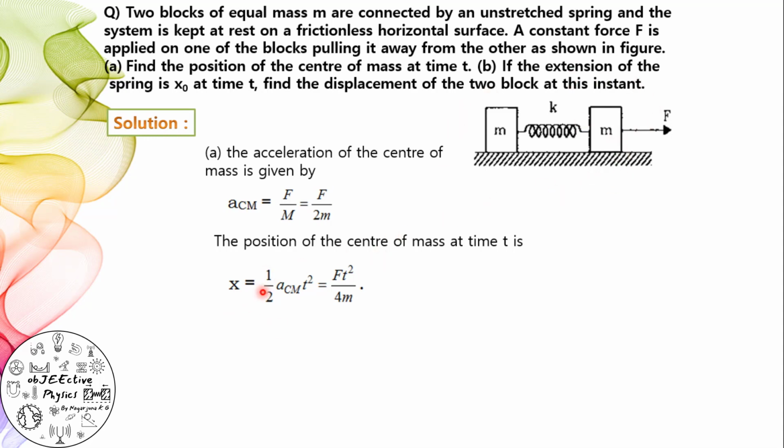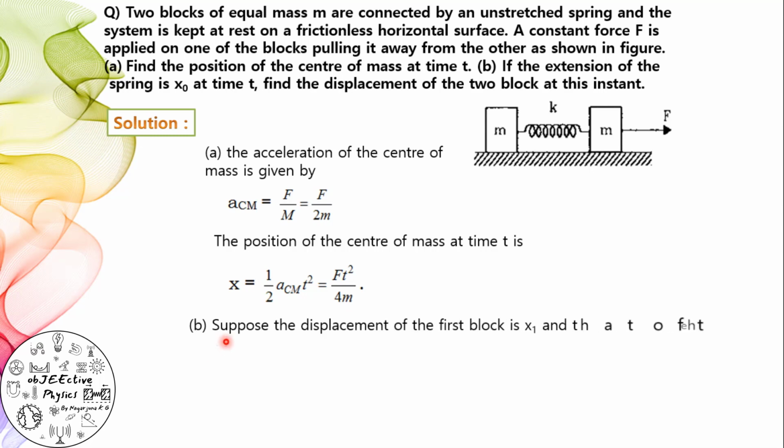So, therefore, the first term becomes 0 and the second term is half into ACM into t square. We know that ACM is equal to F by 2m, so x is equal to F into t square by 4m.